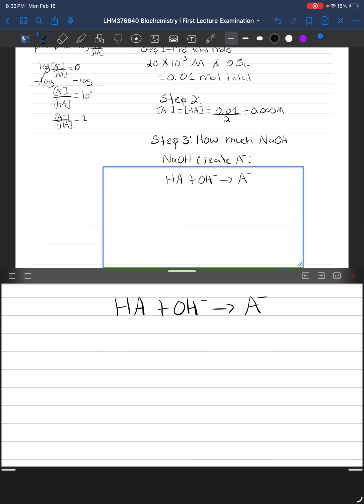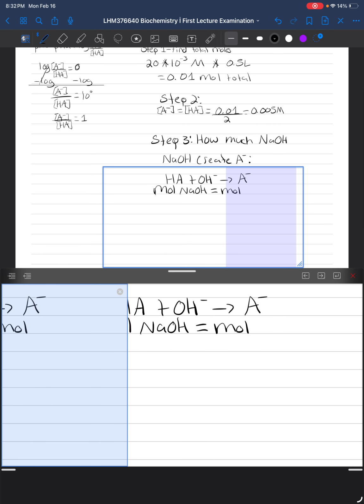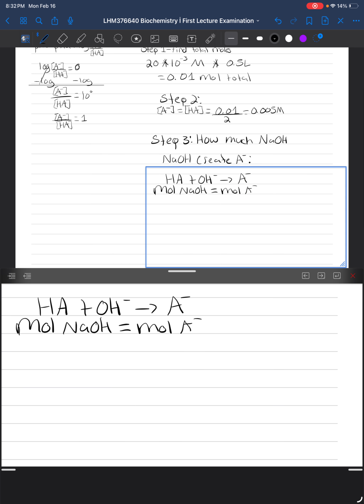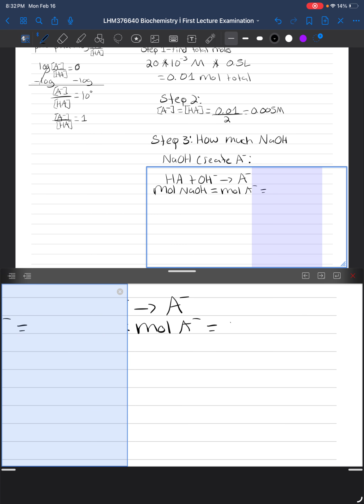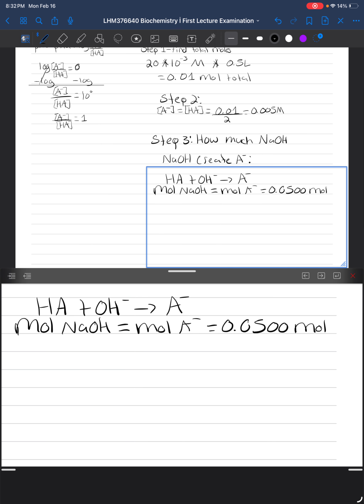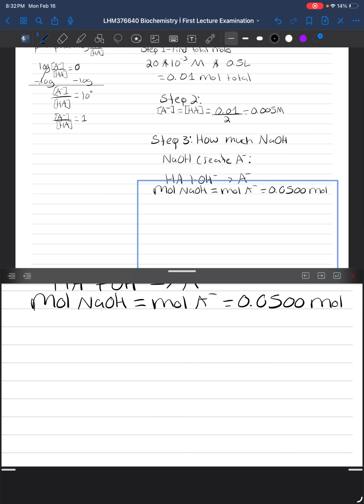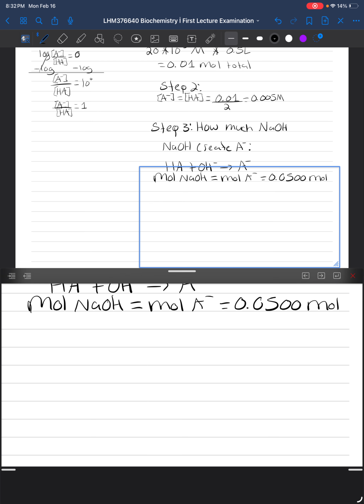We can sum it up as the moles of NaOH equal to the moles of A minus, and that's going to be 0.005 moles. And then for the volume, all we have to do is convert it.